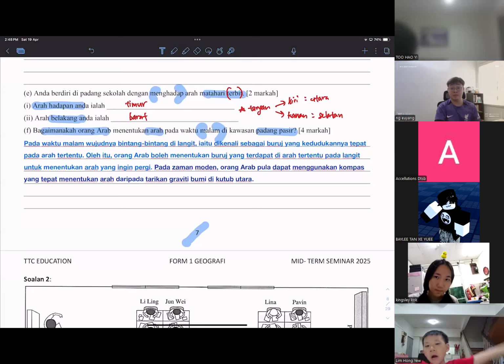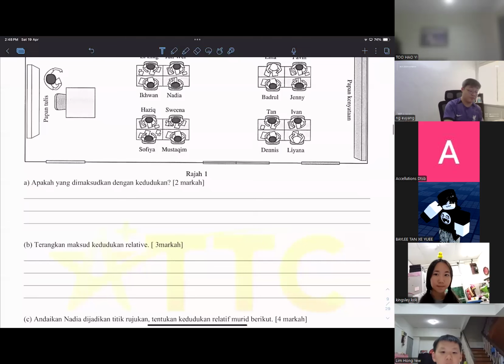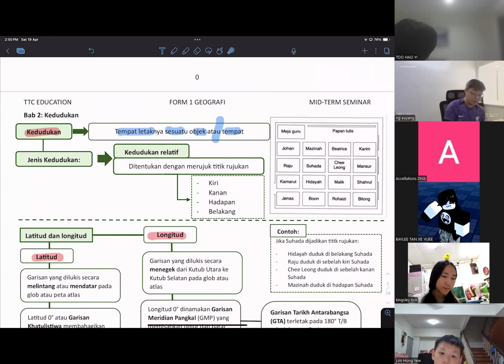Okay, Kingsley, both Kingsley done copy. So the rest, if you still haven't done copy, try to take a screenshot. So we have to rush for more syllabus and then more content. So kedudukan is tempat letak sesuatu objek atau tempat.